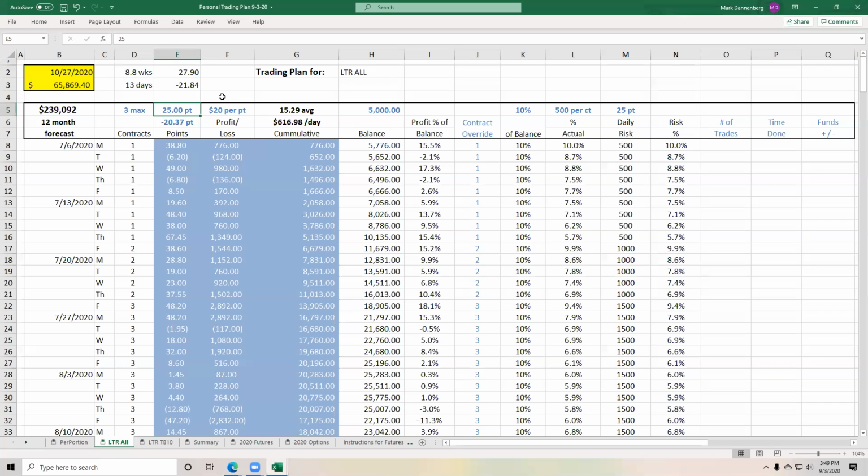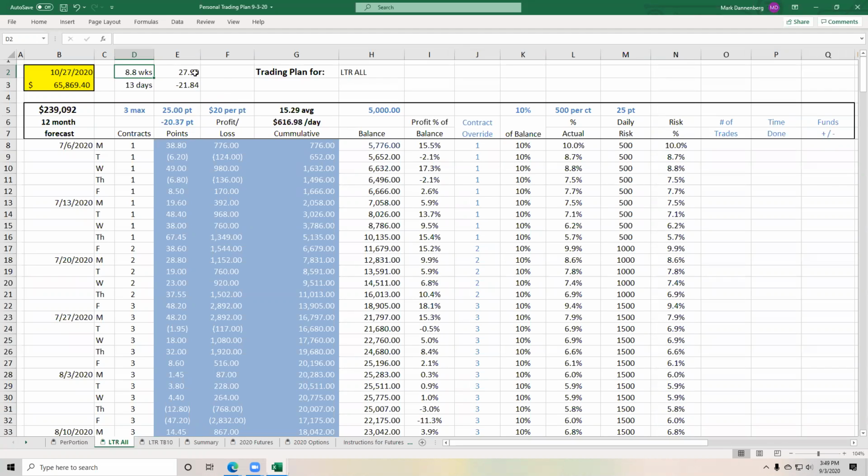And the reason I've lowered that forecast a little bit is because we've had 13 losing days in 8.8 weeks. The original forecast assumes an average of 1 losing day a week, and we are slightly ahead of that.